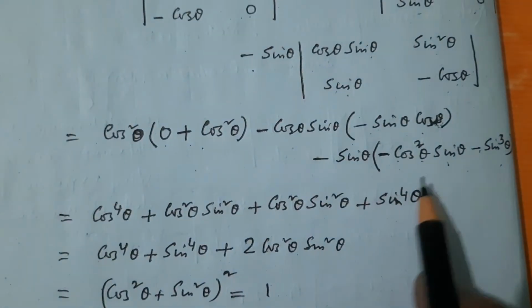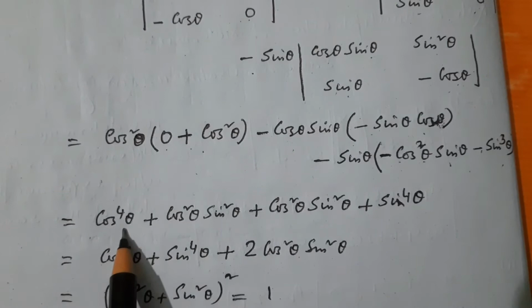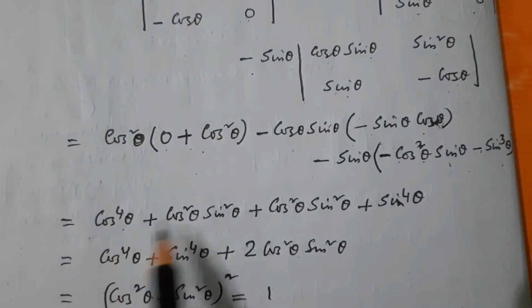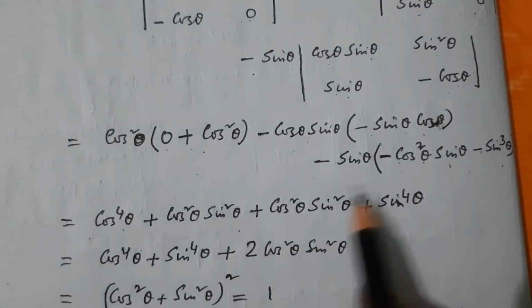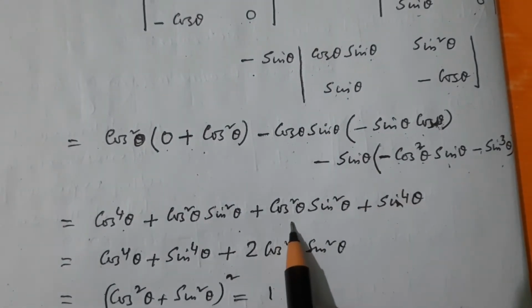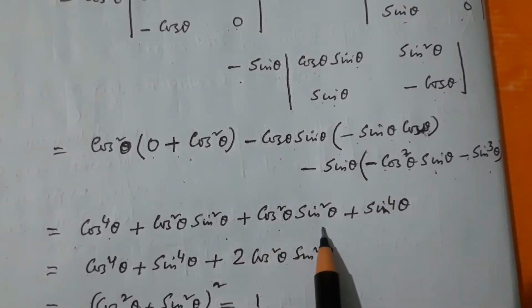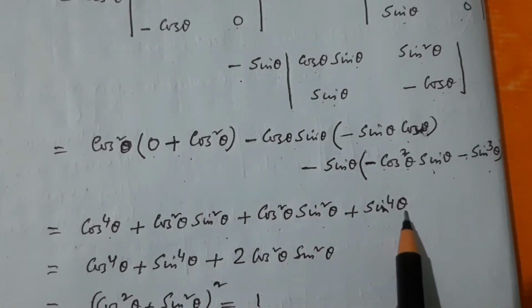Again we simplify: cos to the power 4 theta plus sin square theta cos square theta plus cos square theta sin square theta plus sin to the power 4 theta.